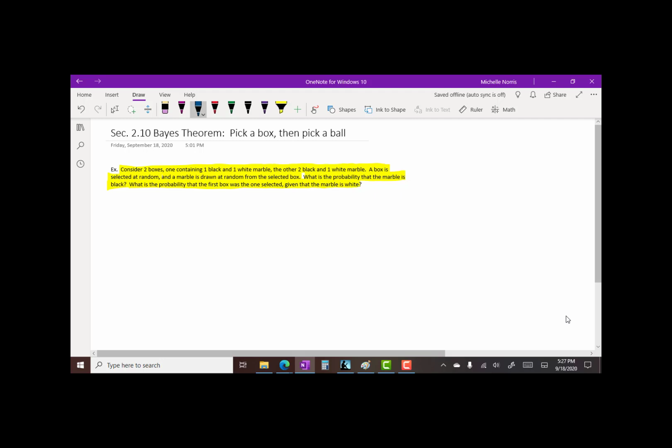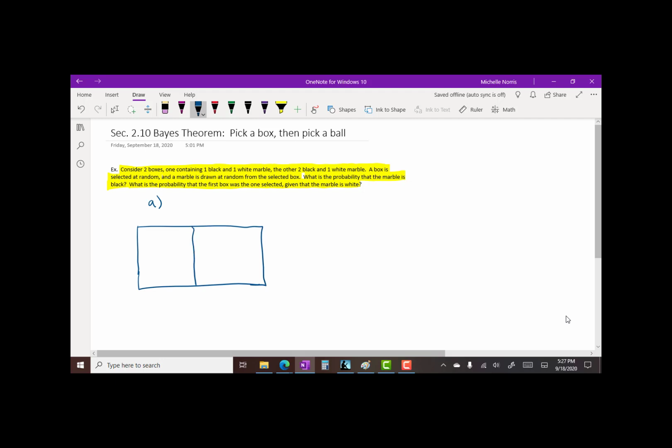So let's try to conceptualize this in terms of total probability and Bayes' theorem. We do actually have a partition of all the outcomes of this experiment, and that partition has to do with which box was selected at the start of the experiment. So we can think of all the outcomes in terms of the marble that's drawn as starting from either box 1 or box 2.